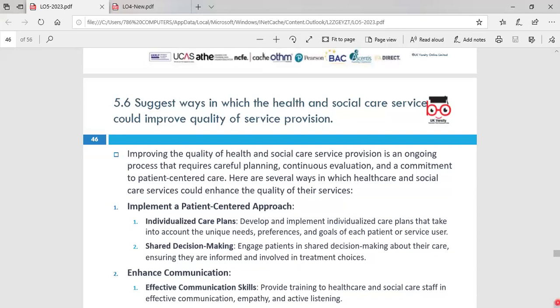Coming towards the last bits of the presentation. Here we're suggesting ways in which health and social care services could improve quality of service provision. We've talked a bit about all of these, but I'll touch a bit more on them. So implementing a patient-centered approach is very important, in which you give individualized care plans.